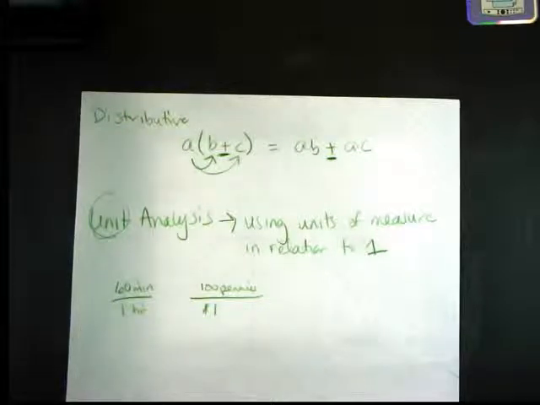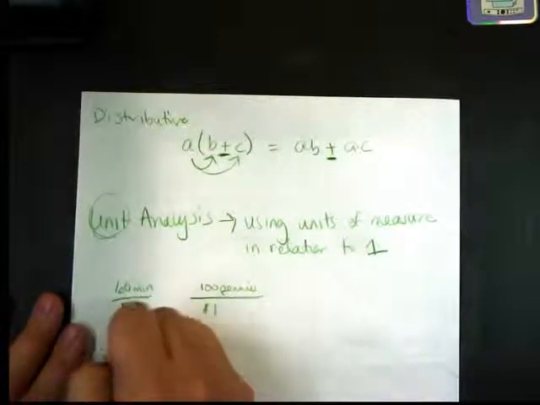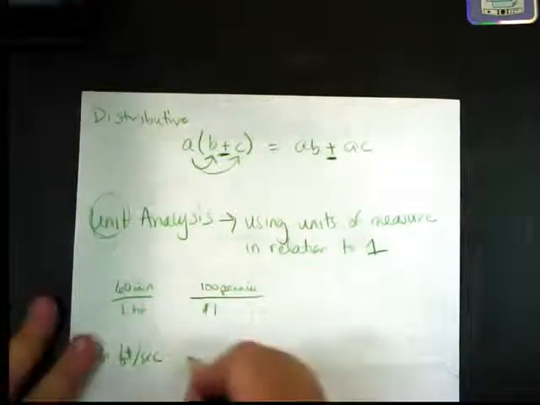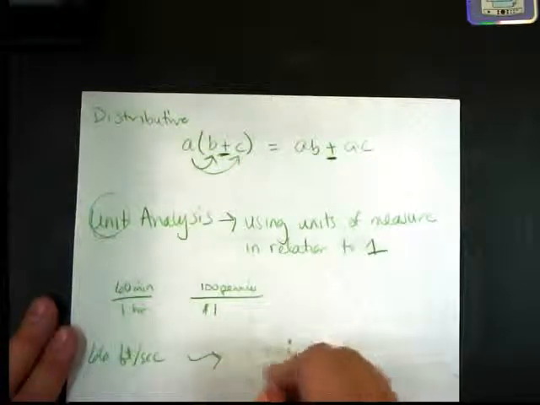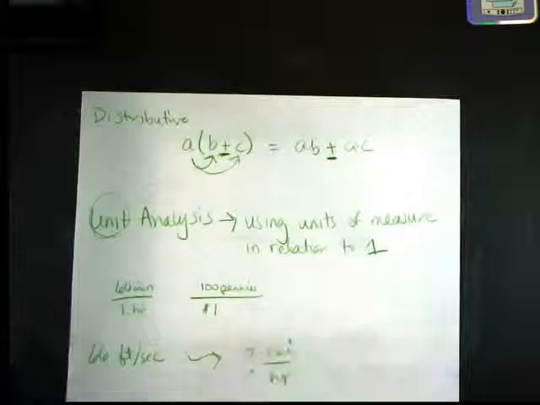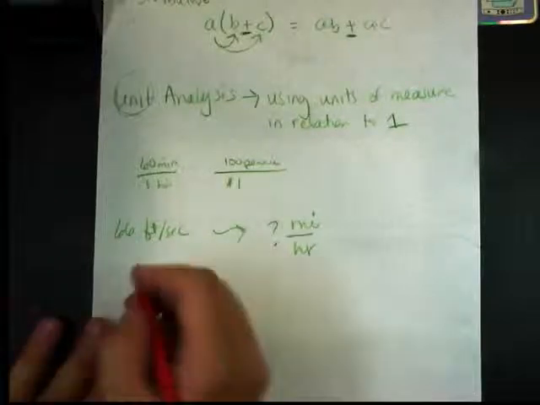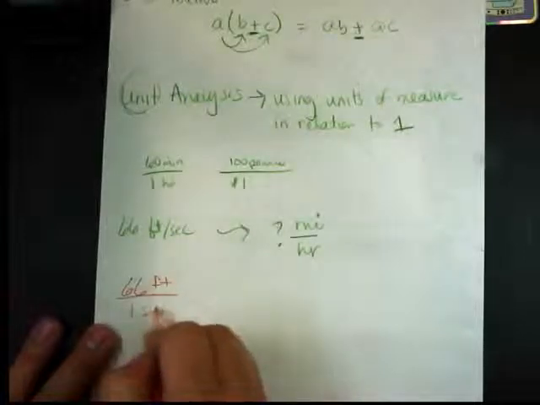I'm going to give you an example where you're going to be given 66 feet per second is how fast something is traveling. But you want to convert it and change it to miles per hour. How many miles per hour is that? So what you need to be able to do is set up your unit analysis or your unit conversions, because you're going to start with 66 feet per 1 second.